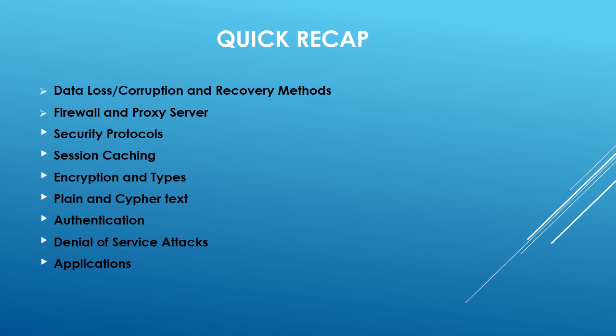Then we talked about the security protocols. We talked about two of the security protocols. One is SSL, Secure Socket Layer, and the other one is TLS, Transport Layer Security. SSL is a type of protocol that allows data to be sent and received securely over the internet, and it makes sure that your data or the web page you have asked for is secure by putting a padlock sign and HTTPS with a URL.